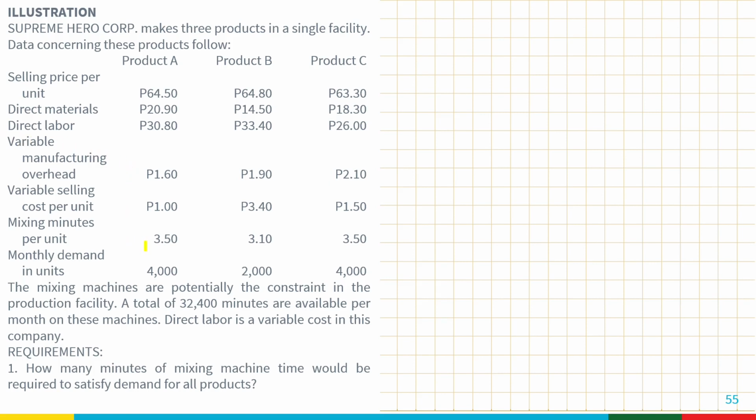Right here we have the mixing minutes per unit and then there's the monthly demand in units. I think we need these two line items.